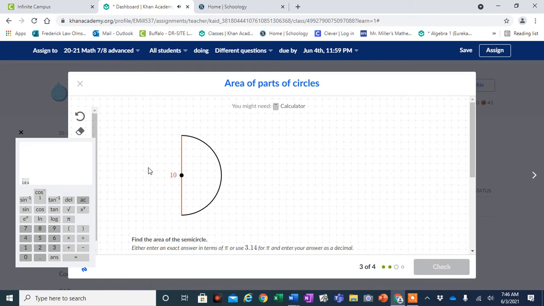Again, they gave us the diameter, which was 10, which means the radius is going to be 5. So again, pi times the radius squared, which is pi times 5 squared. 5 squared is 5 times 5, which is 25, and we have the pi symbol. Again, that would be for a whole circle.